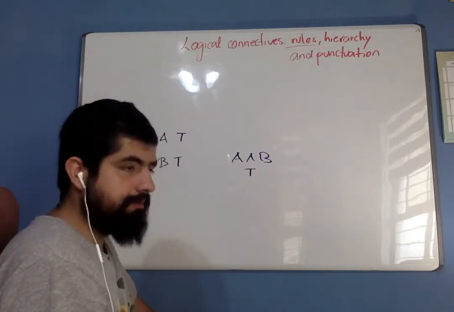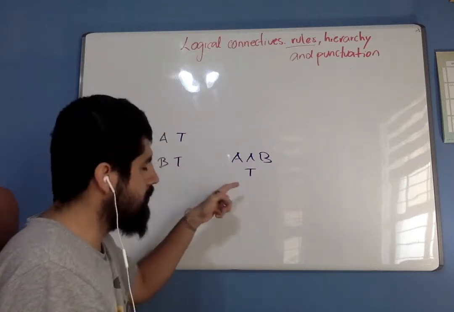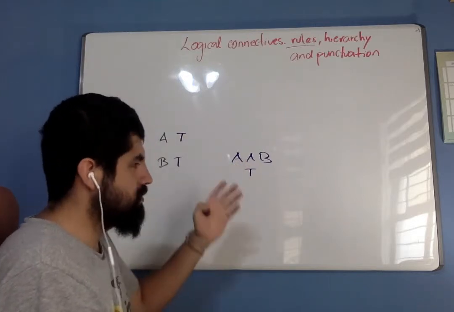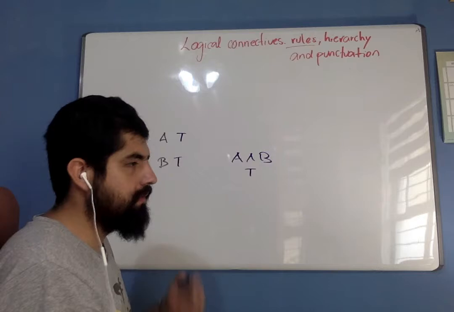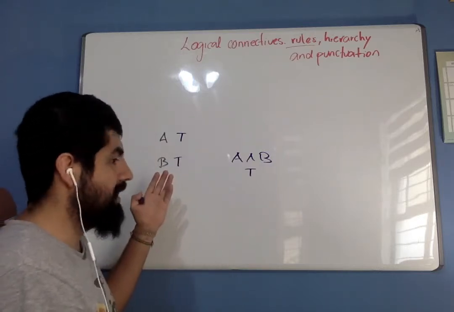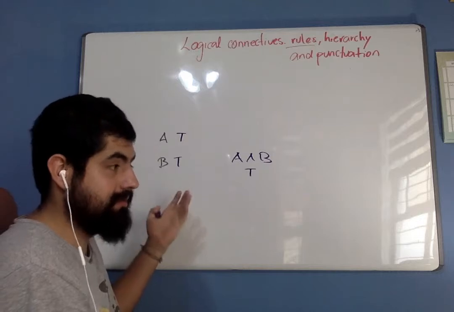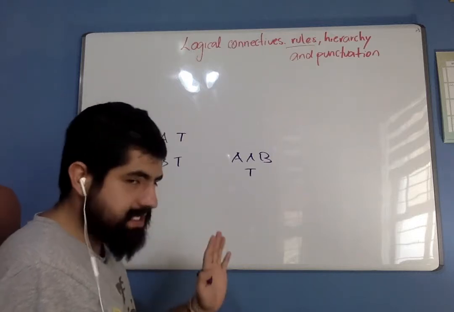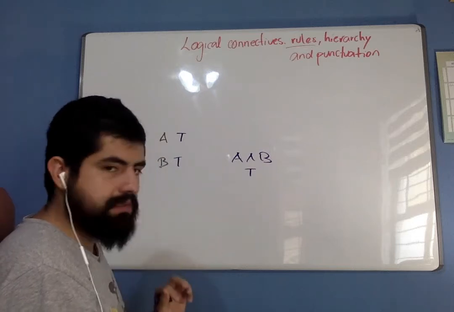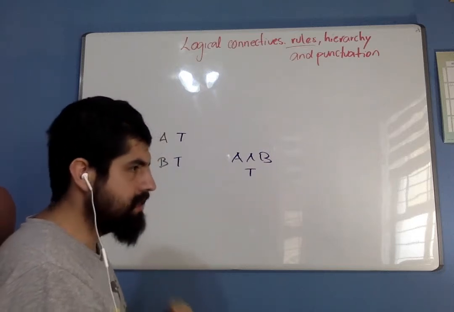How can I know that? Because the rule of the conjunction is that the conjunction is true if both of its components, A and B, are true, as is the case.